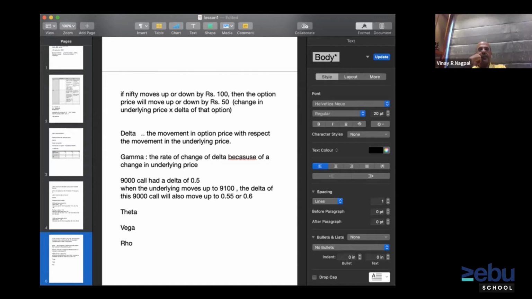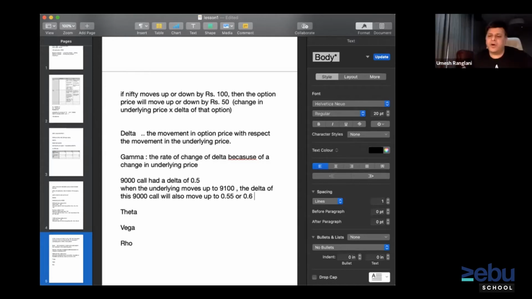But let's say, what is the chance of a 7,000 call expiring in the money in, let's say, 20 days? We know that the 7,000 call is 2,000 points down. So there's a very, very high chance that it will expire in the money, correct?